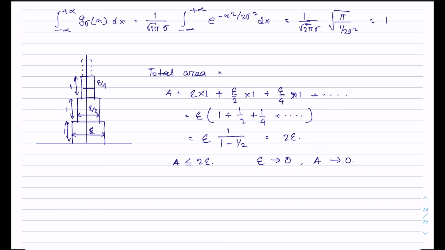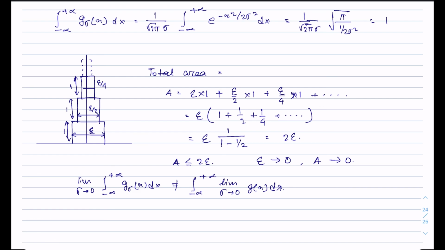This is happening because in the limit sigma tends to 0, the integral from minus infinity to plus infinity of g_sigma(x) dx is not equal to the integral from minus infinity to plus infinity of the limit as sigma tends to 0 of g_sigma(x) dx.